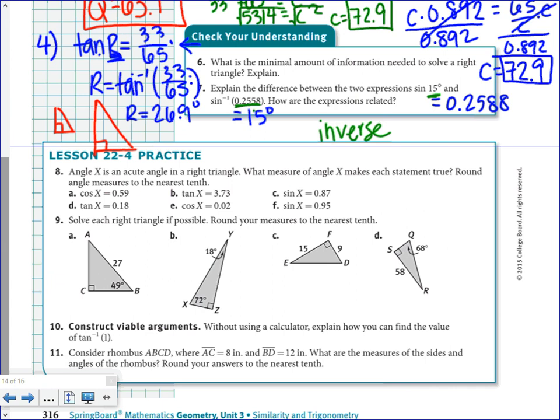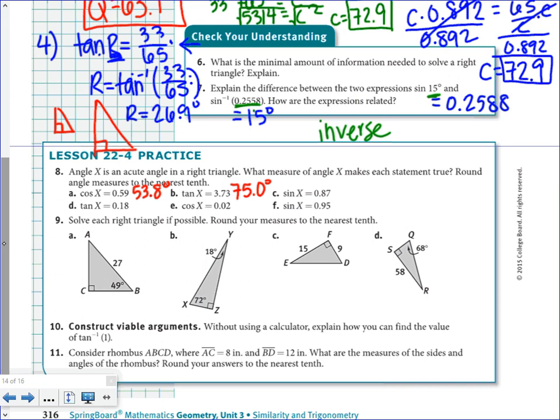And then you should get 53.8 degrees. So all you're doing is using your calculator, and you're doing second and then whichever trig function they give you. So for B, tangent of X equals 3.73, you're going to do tangent inverse of 3.73, and this one rounds to 75.0 degrees.